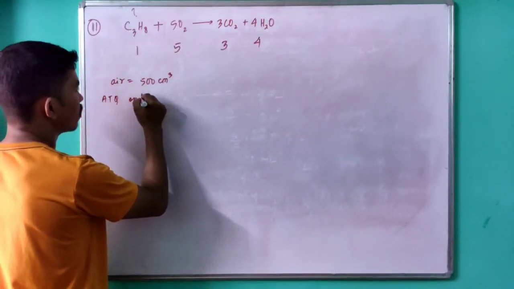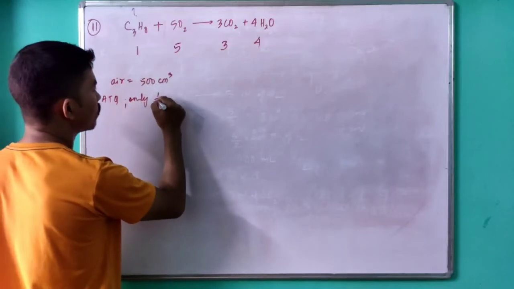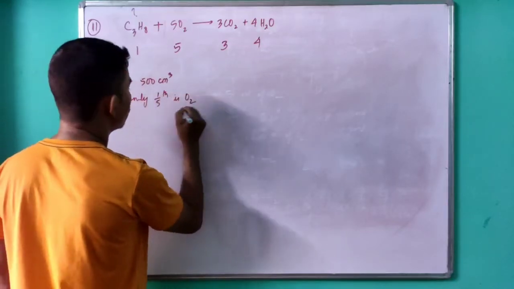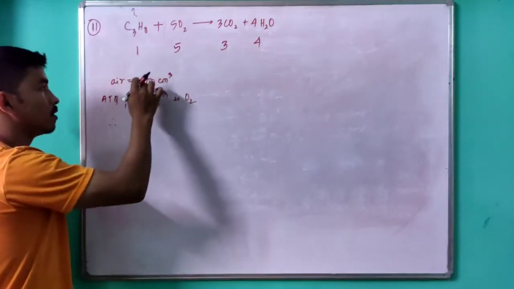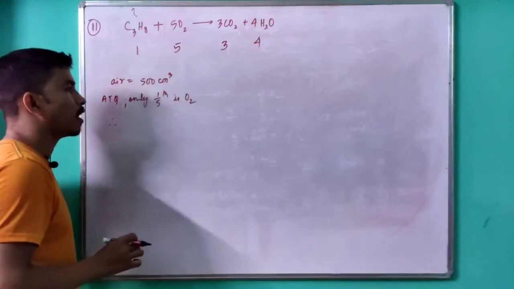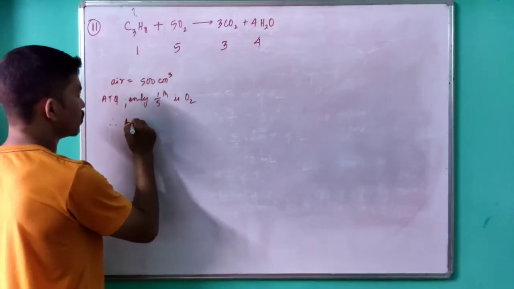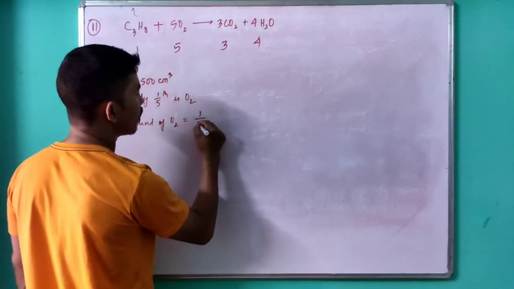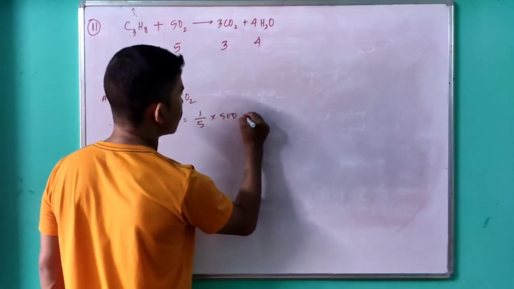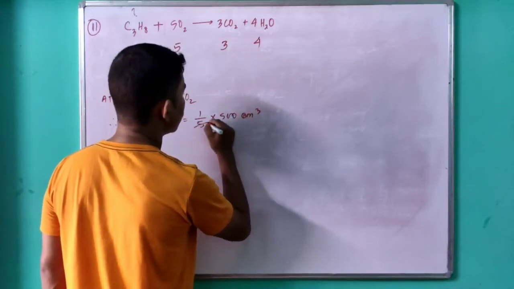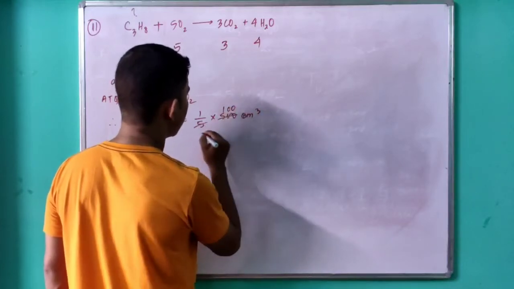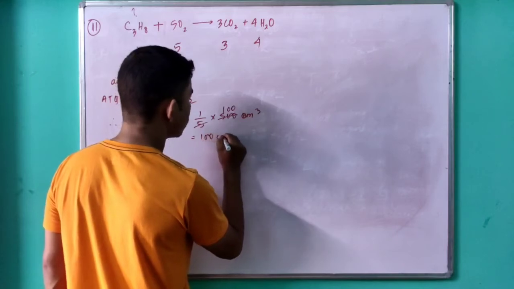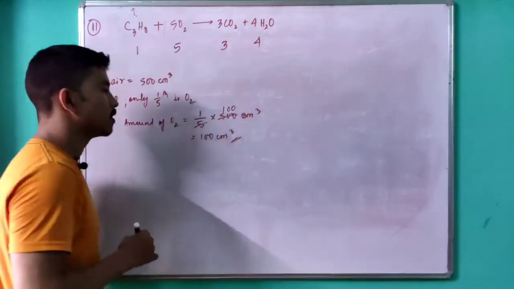Only 1/5 is oxygen. So in 500 centimeter cube of air, let's see how much oxygen is there. So the amount of oxygen will be 1 by 5 into 500 centimeter cube. So 5 ones are 100, so 100 centimeter cube of oxygen is present.